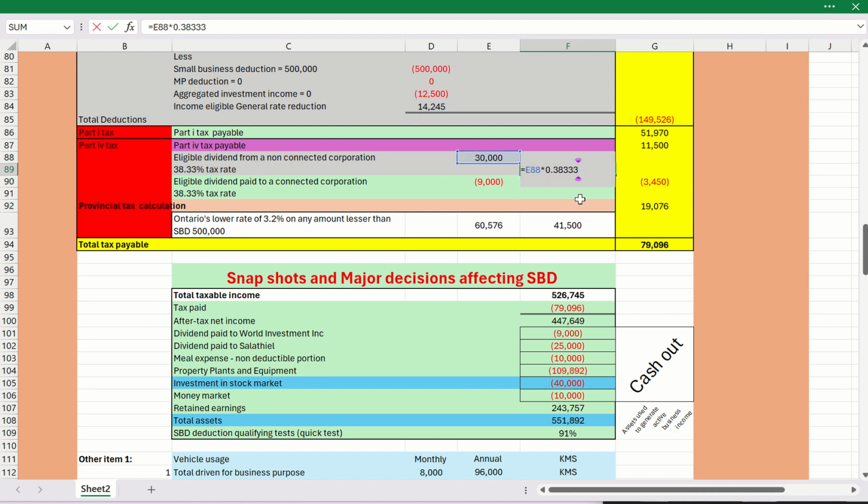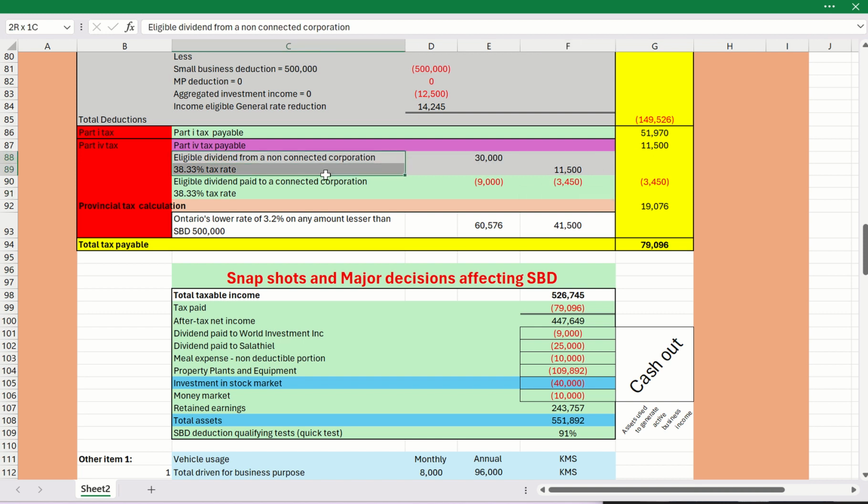For some reason, if we round off, there is a bit of a rounding off issue here. So we'll keep it this, okay? It's supposed to be $79,096, the total tax payable, because of the rounding off issue, anyway, so we have this.